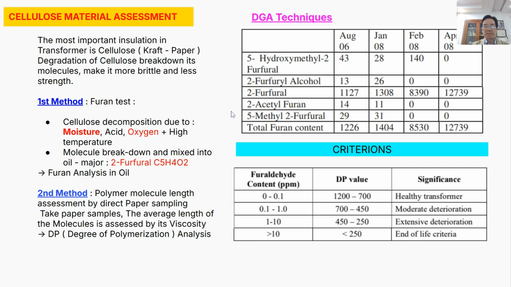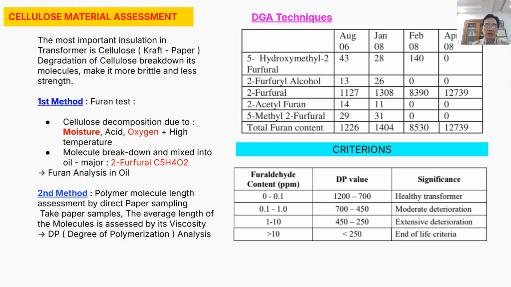So to do the assessment on paper, first we can roughly look into the DGA to see the content of CO and CO2 in oil. It is the first sign of paper deterioration.